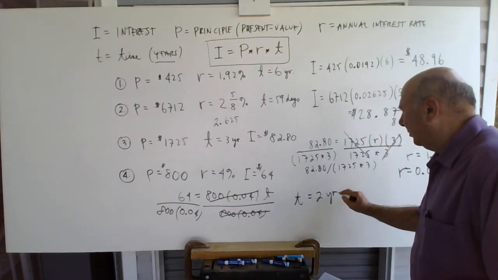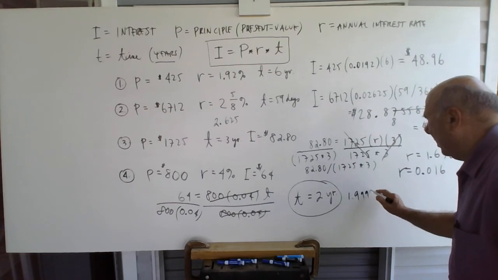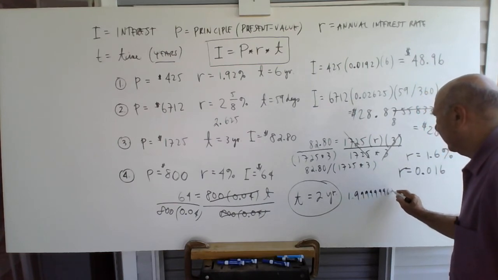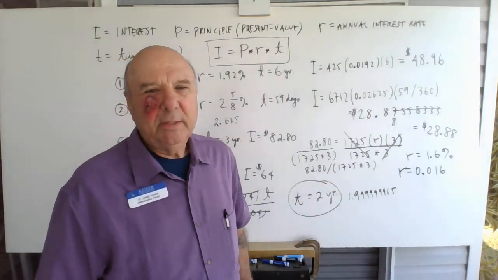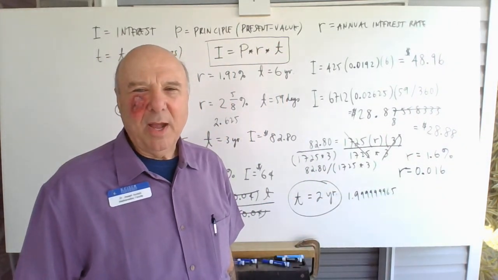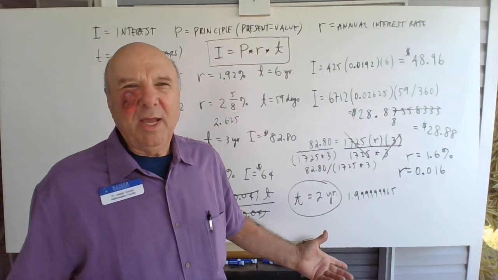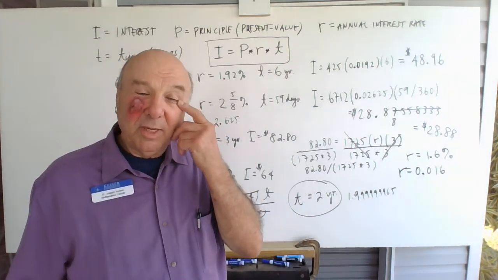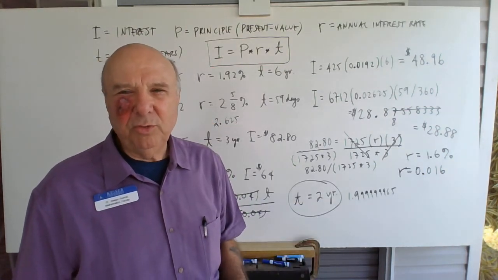So 2 years. Now, you may get 1.9999965, something like that. Well, that's significantly close to 2, so rather than say 1 year, 358 days or something like that, 359 days, we just go ahead and round it off. It's close enough for government work. We make it 2 years.